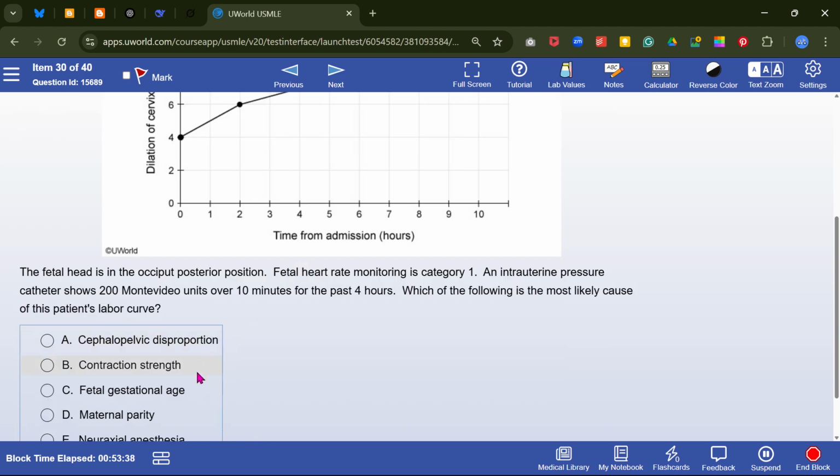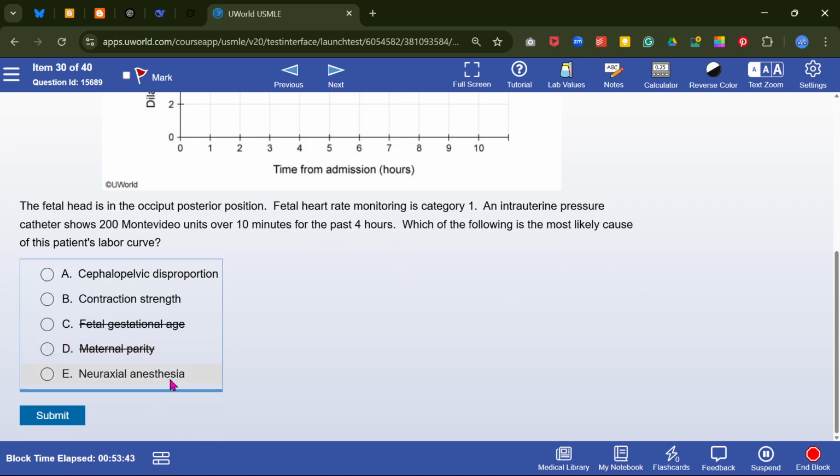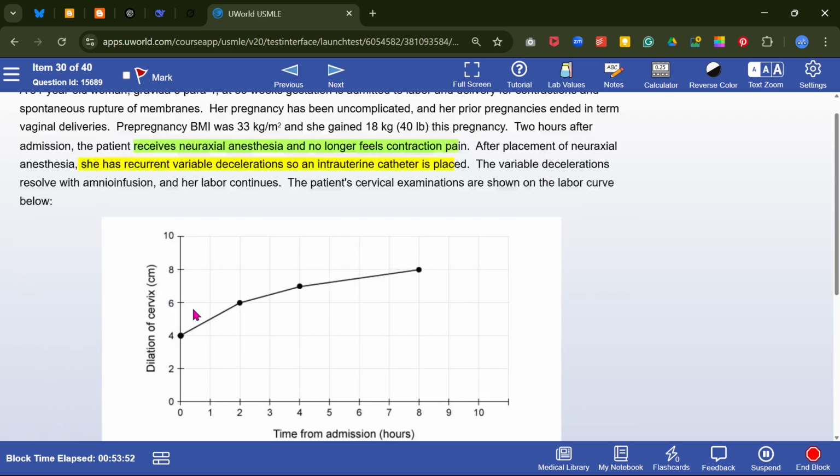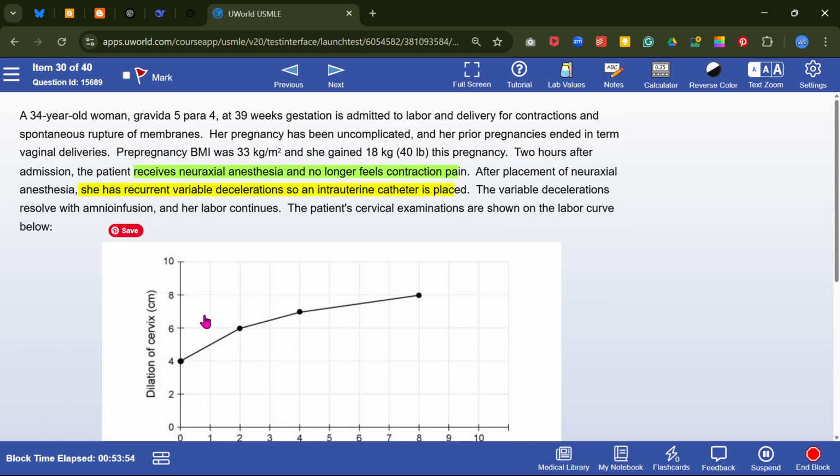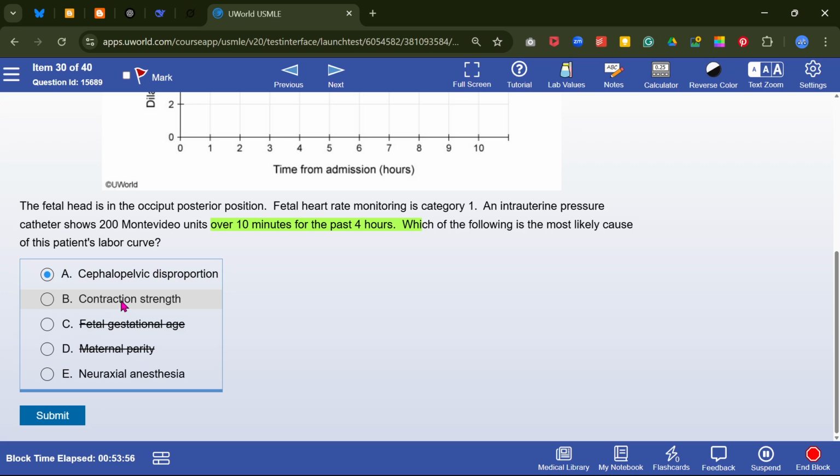So what is the problem? It's not maternal, but is it CPD, cephalopelvic disproportion?